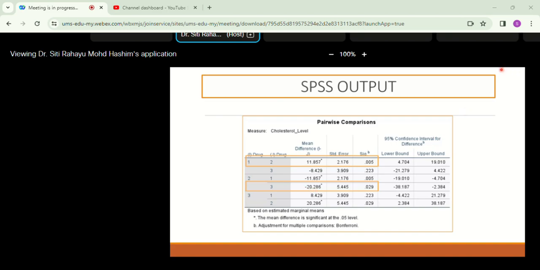Okay, so in this case, Adriana, so mana satu yang lagi bagus untuk menurunkan cholesterol level, drug 2 or drug 3? Adriana? 3. Drug 3. Okay.